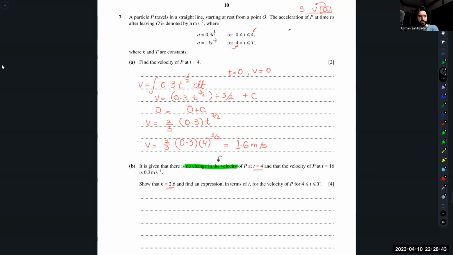We can try this. There are other pathways as well, but let's try this as well here. So I have equated both accelerations with each other. So minus 3 by 2 came here, went up and added, 4 by 2 to 4, 16. 0.3 times 16 equals minus K.